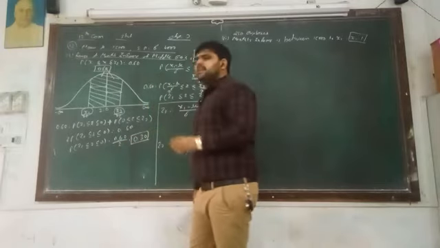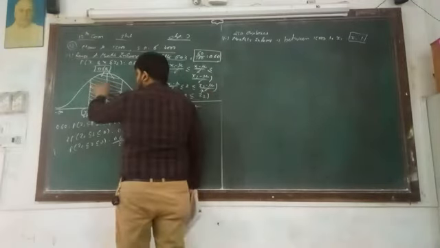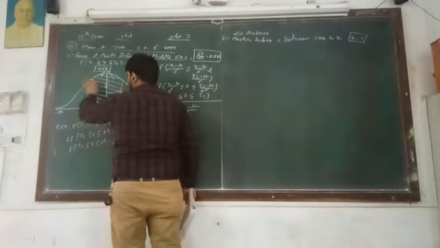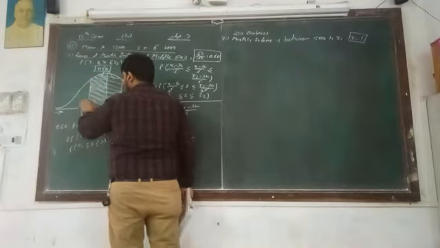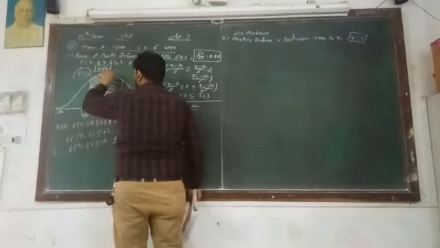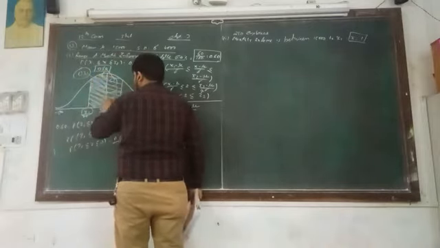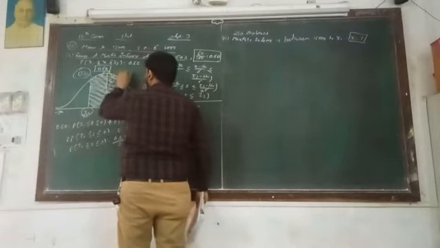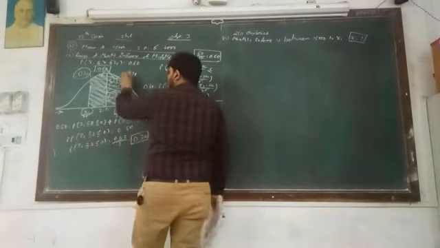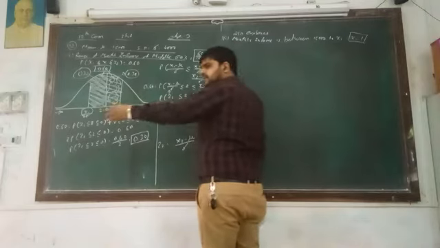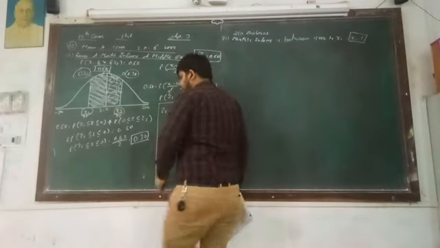The value of this portion is 0.30, and the value of this portion is also 0.30. So middle 60% means that 30% is from the left-hand side and 30% is from the right-hand side.